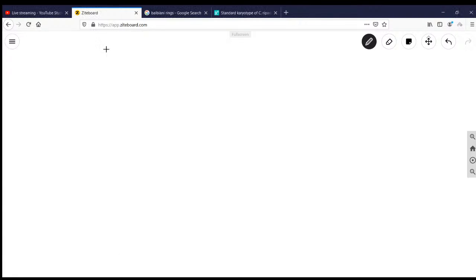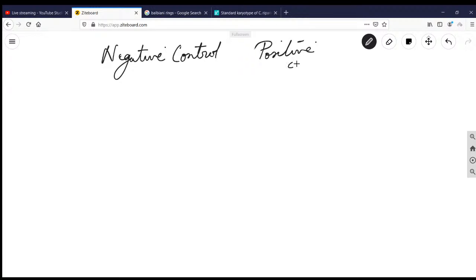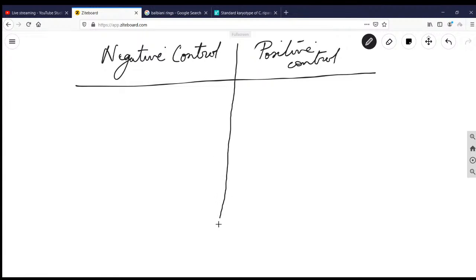I can put negative control on top, a very conceptual diagram, then positive control here. Then I can write induction and repression.